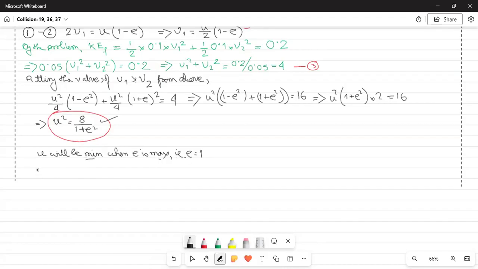So u minimum square equals 8 by 1 plus 1 whole square, that is u minimum is equal to 2.